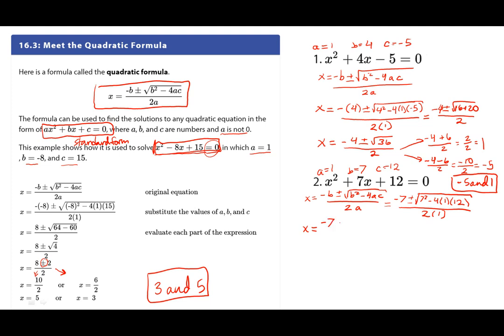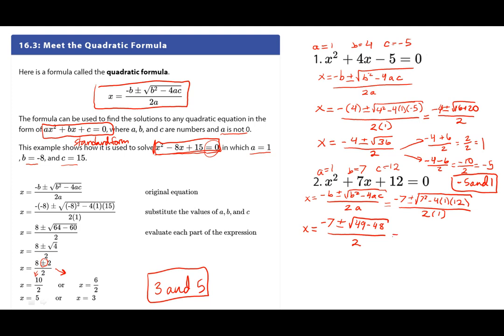Negative 7 plus or minus, and as we start to simplify the expression inside the square root, 7 squared is 49, minus 4 times 1 times 12, we're going to have minus 48, over 2 times 1, which is 2.